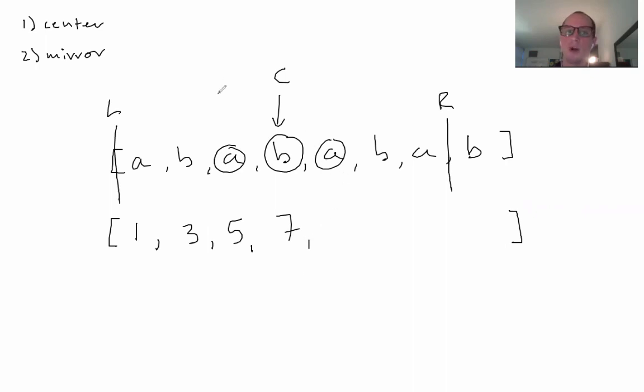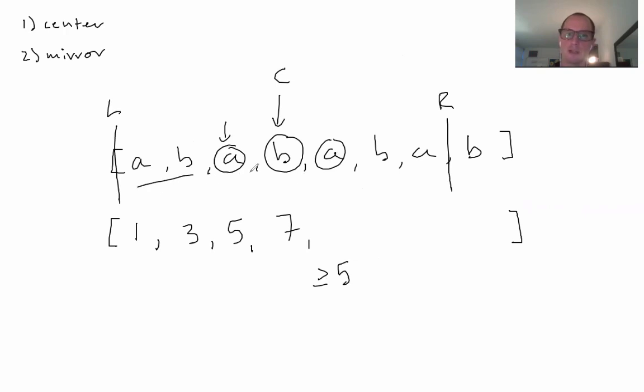Well, what we know is that this palindrome here around A is completely contained within this overarching palindrome that we've defined as the center around B. So we know that this palindrome is greater than or equal to 5, right?